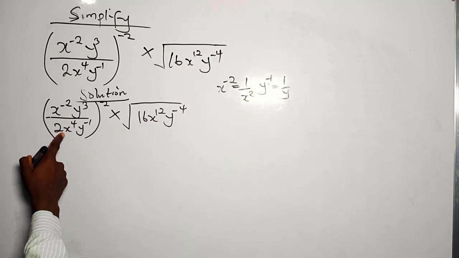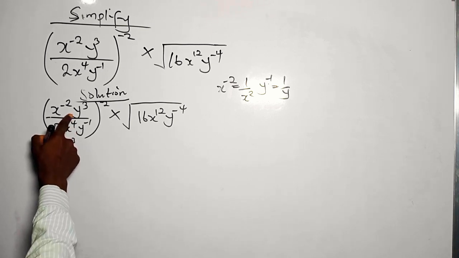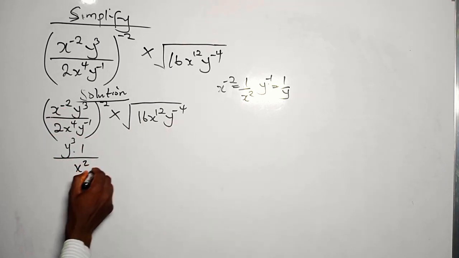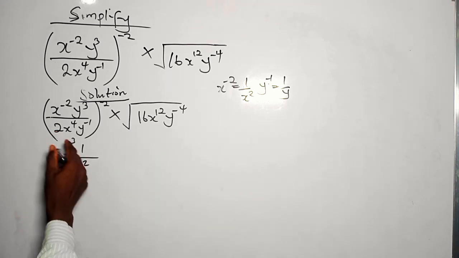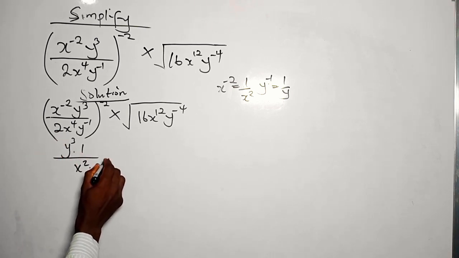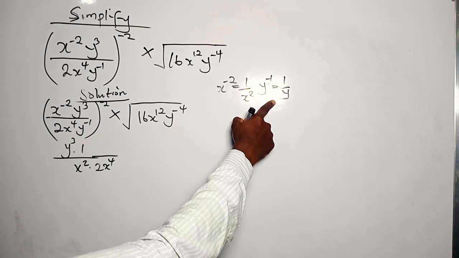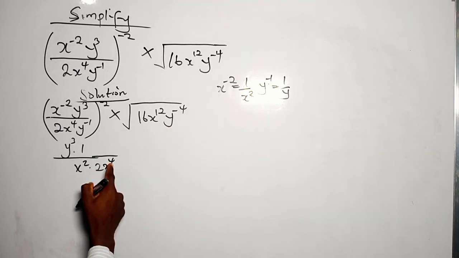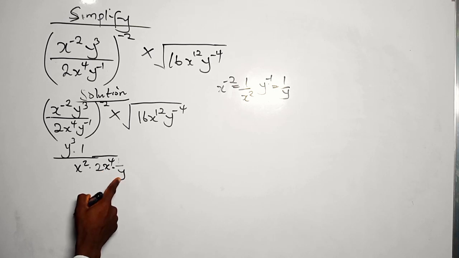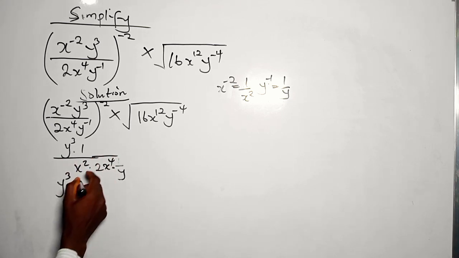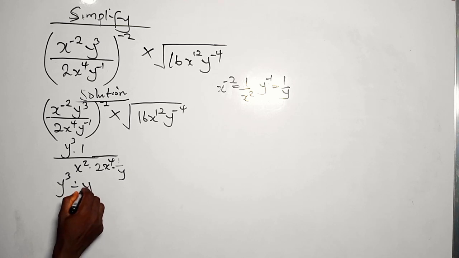So we can write this as y^3 divided by 2x^4 times 1 over x^2, and y^-1 is 1 over y. Dividing by 1 over y means we can bring it up, so we write y^3 times y, over x squared times 2x^4.